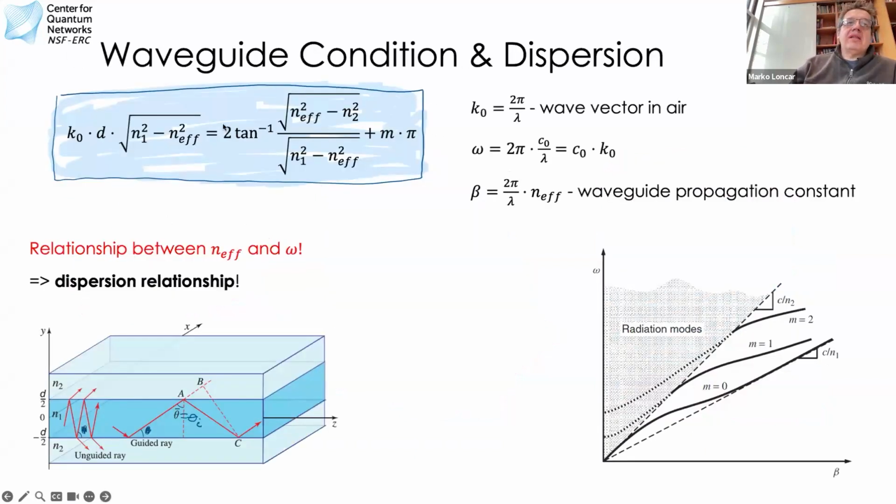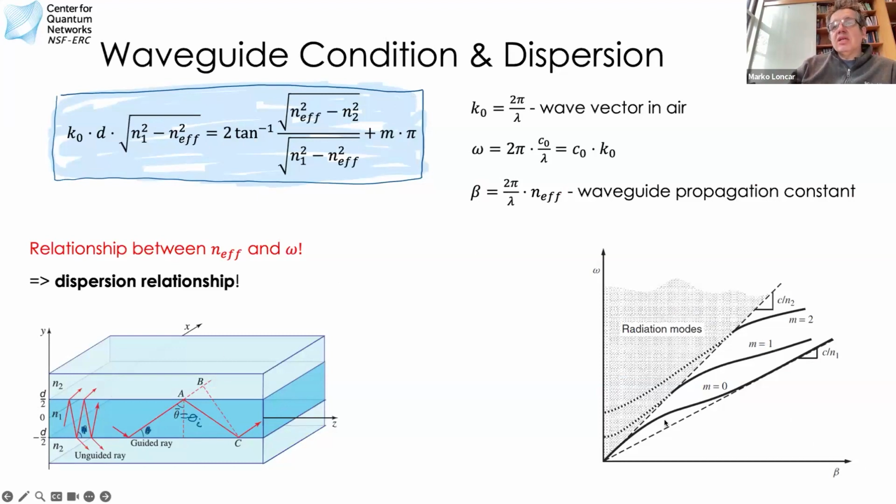I'm not going to go through the math here. This is just for your reference, how you can figure out the so-called dispersion, which is the relationship between frequency and the propagation constant along the direction of propagation, which is beta in our case. It can be determined by this equation, which can be derived from what I showed in the previous slide.